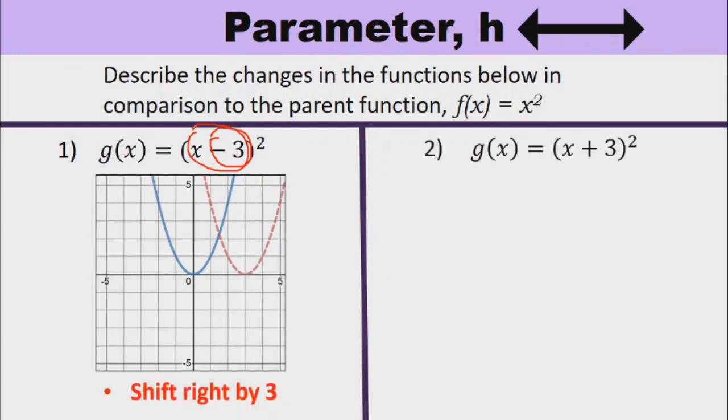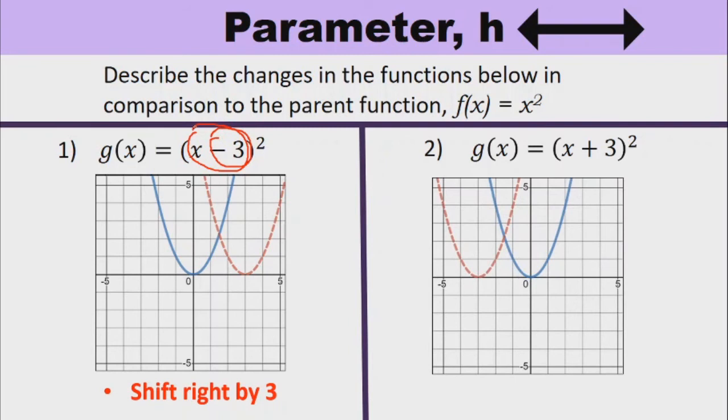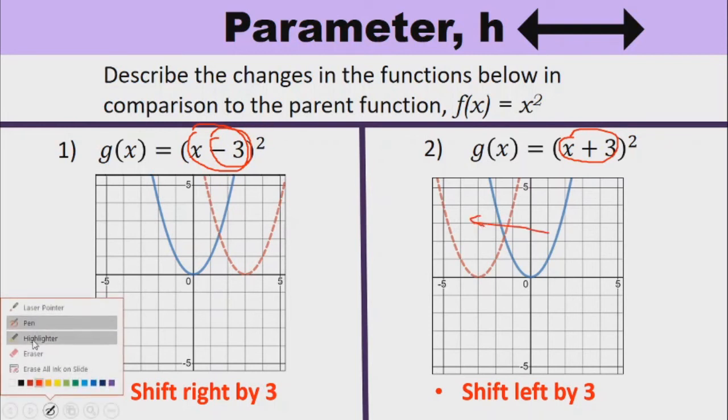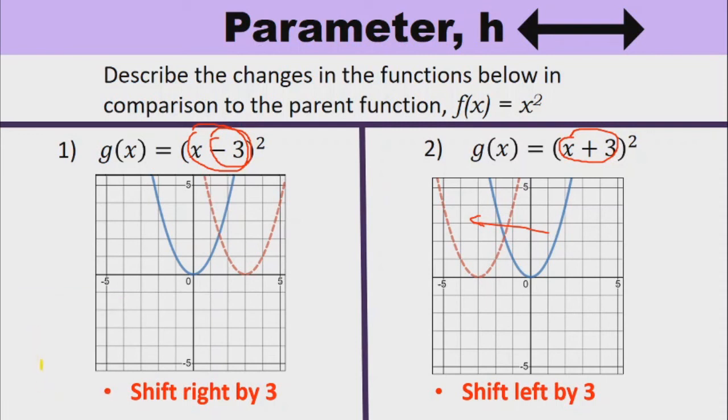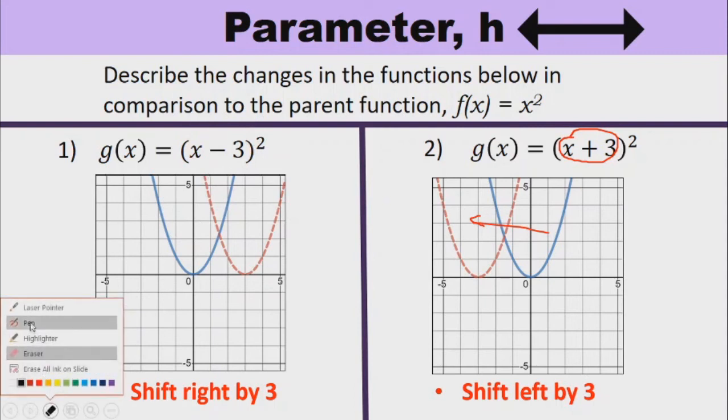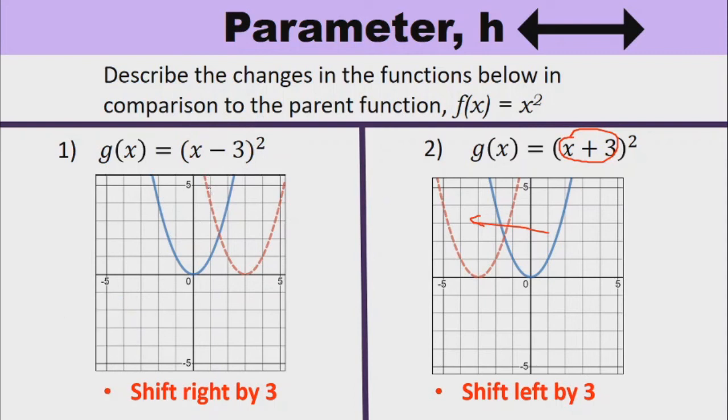In example 2, we'll move it to the left by 3, because x plus 3 is positive, so it's going to go left. And x minus 3 is negative, so it's going to move to the right.